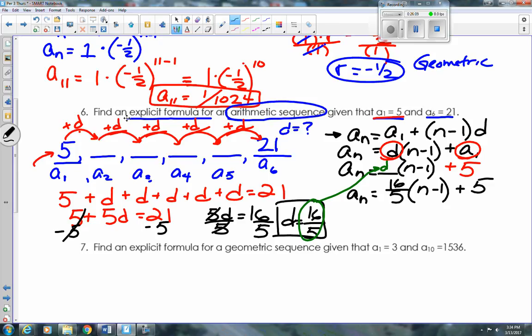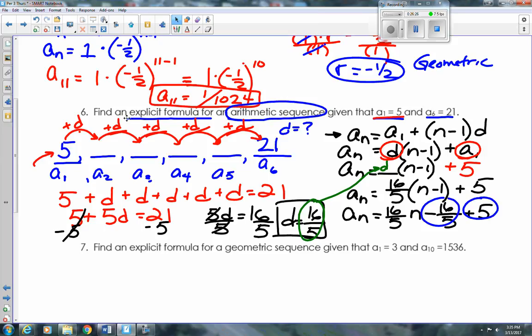So I'm going to distribute the 16 over 5. Combine like terms. That would be minus 16 over 5 and a plus 5. And I'm going to leave it to you to figure out what that is. Give you a moment on that one.